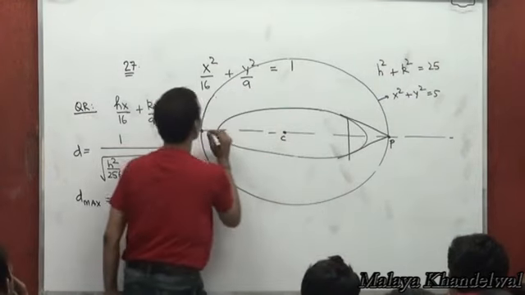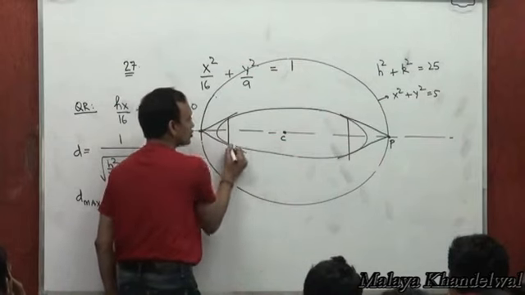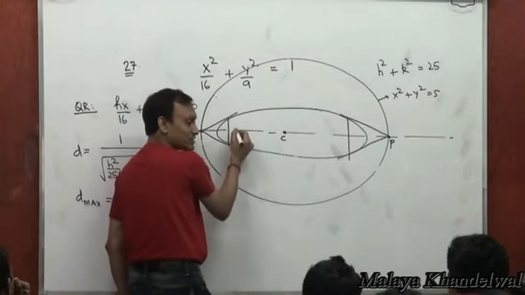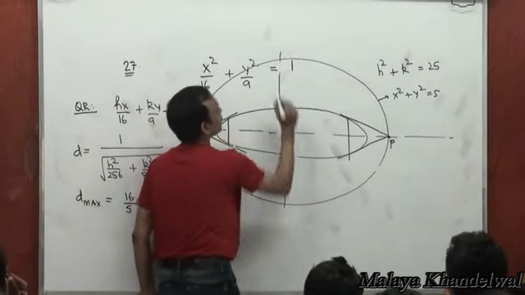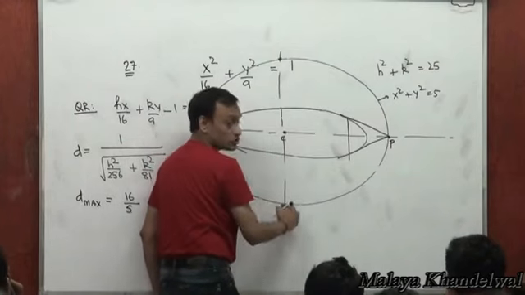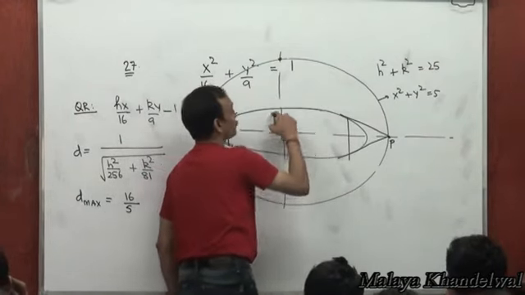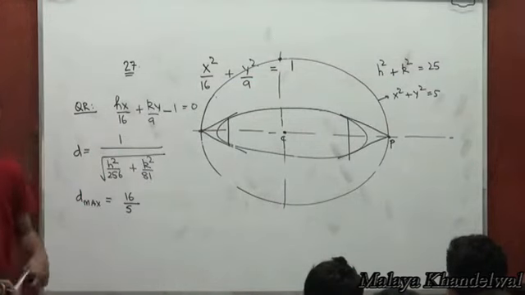Or it could also have been from (-5, 0); then also the chord of contact would have been farthest from the center. If I draw the tangents from (0, 5) and (0, -5), then the chords of contact would be closest to the center. This I would have guessed intuitively.